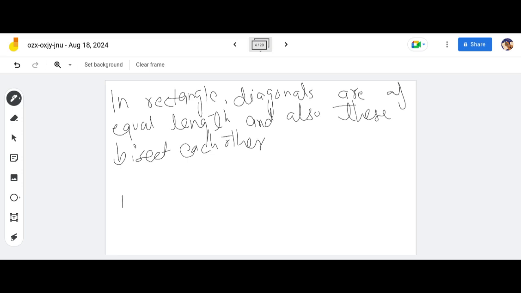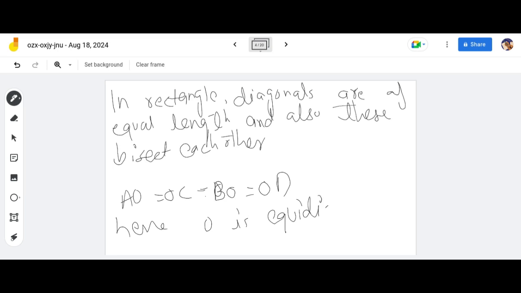So you can write AO is equal to OC is equal to BO is equal to OD. Hence, O is equidistant from A, B and C.